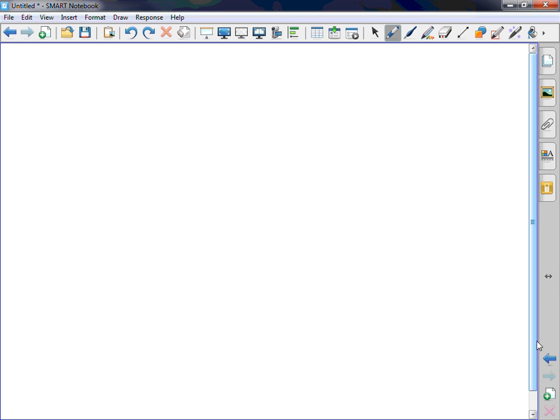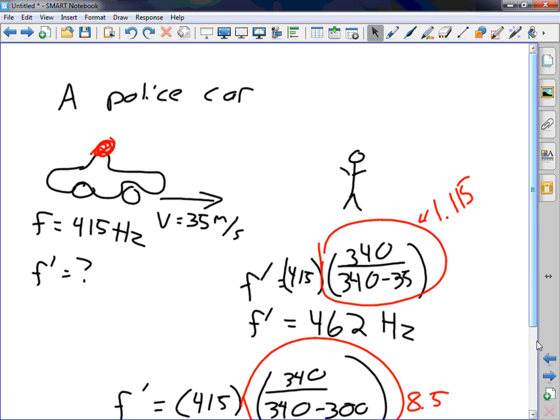Yes, you can, because by changing the speed, you can hit any frequency you so choose. All the way up to infinity, and all the way down to whatever that actual one is, except that you start going the other way. So all the way down to 0. You can hit any frequency you so choose.